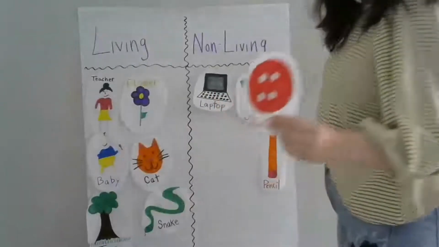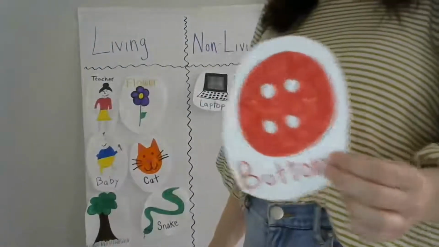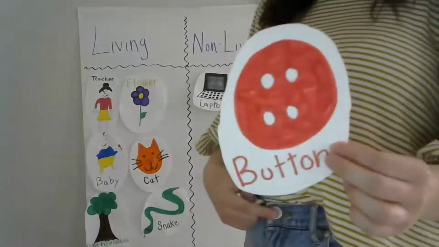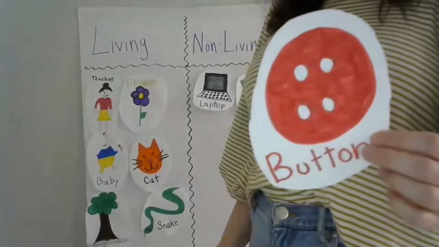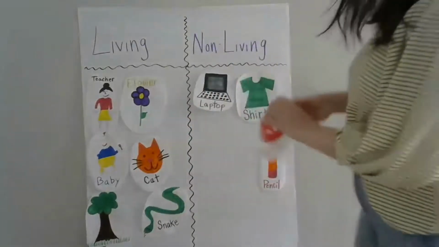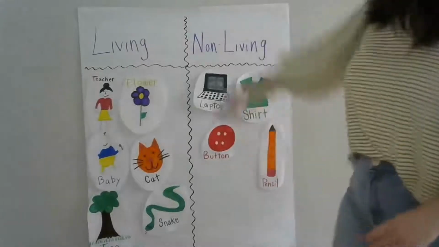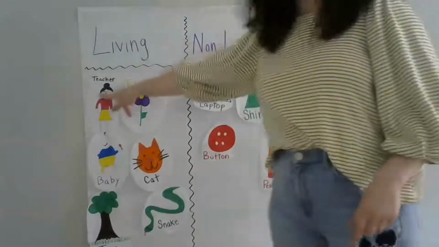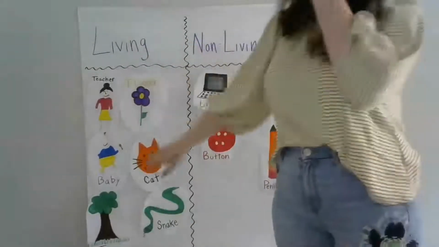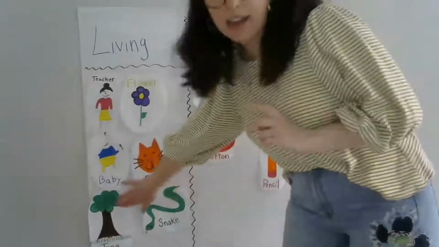And last but not least, button. Buttons are something you might find on your coat or on your pants. Is a button a living thing? Nope. It's a non-living thing. So let's review what we had in our sort. For living things, we had a teacher, a flower, a baby, a cat, a snake, and a tree.